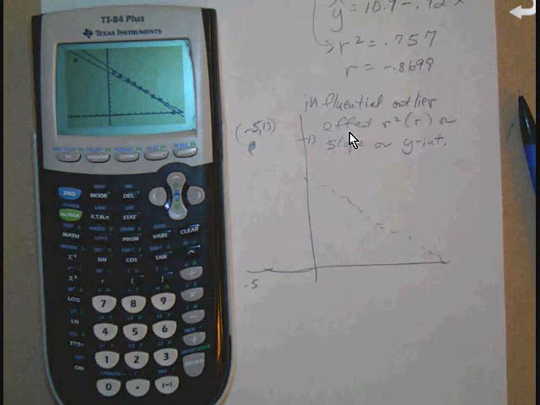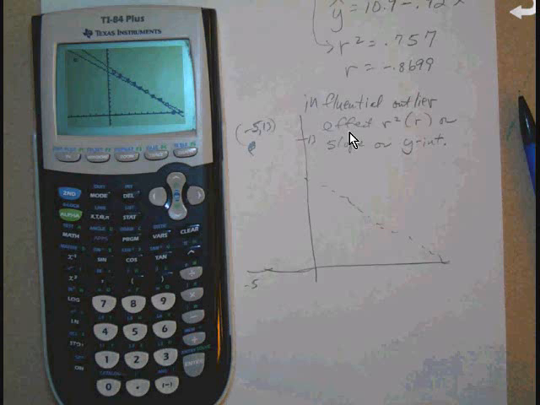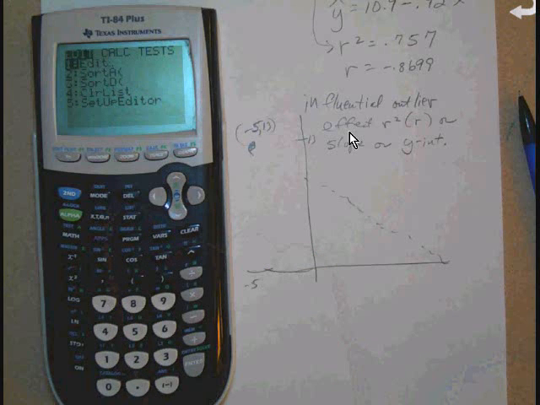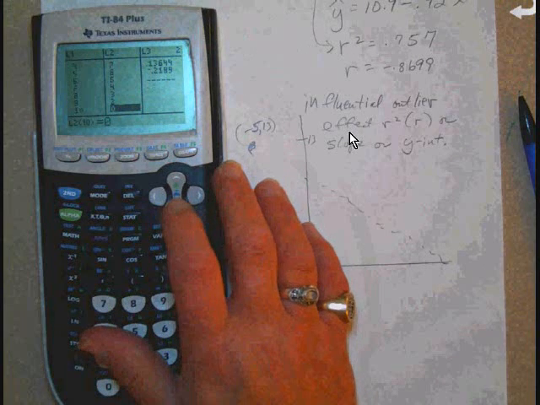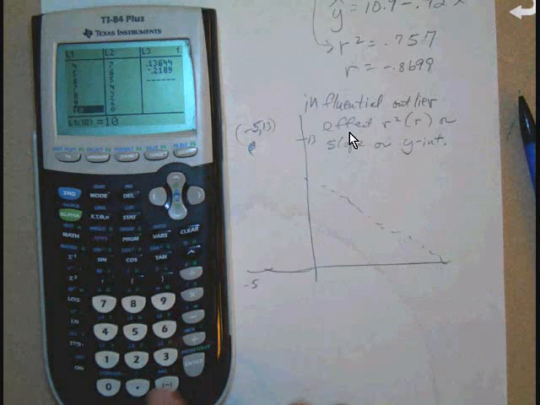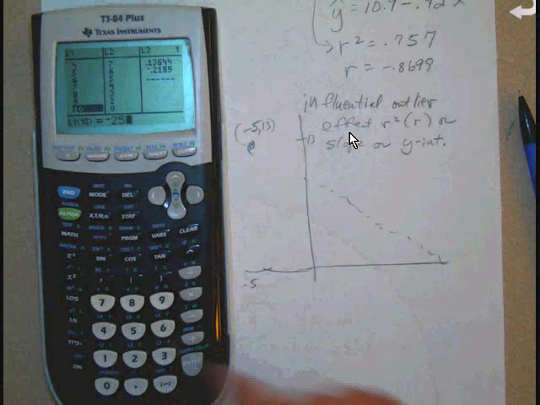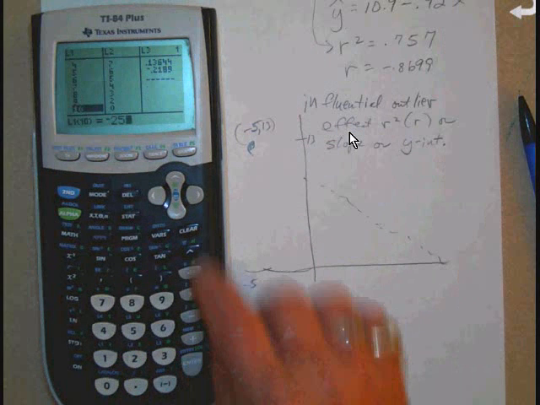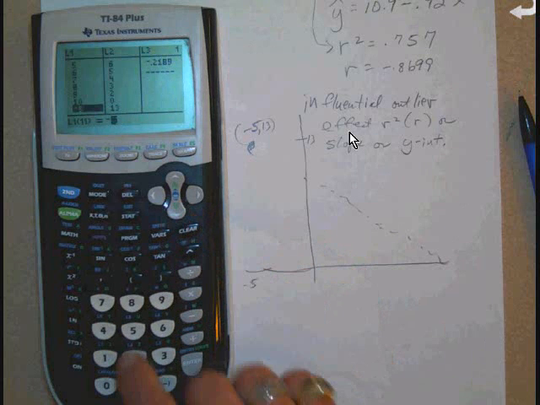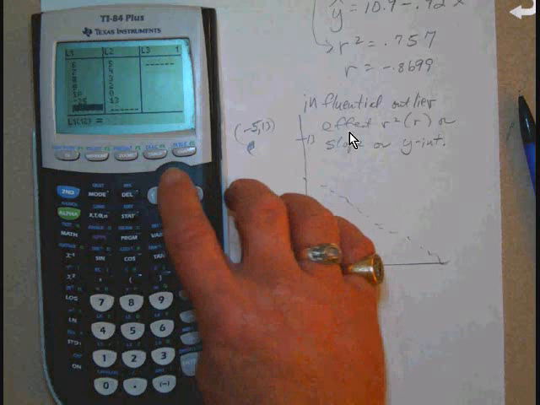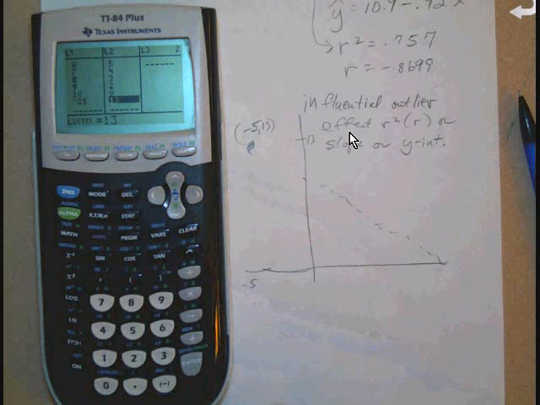So now I'm going to take an outlier, and I'm going to make one that's really going to mess everything up. I'm going to take one that is negative 25, and negative 25.